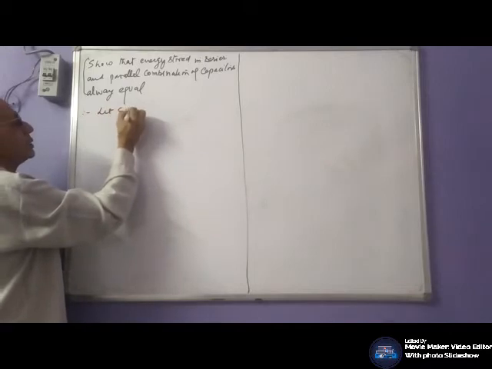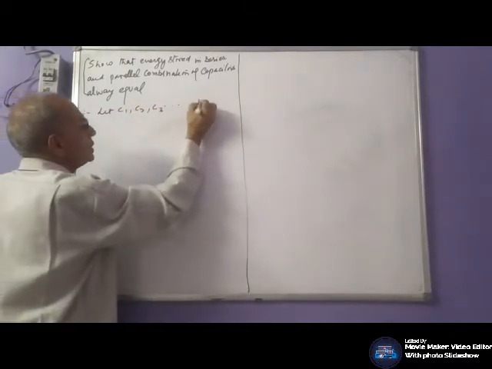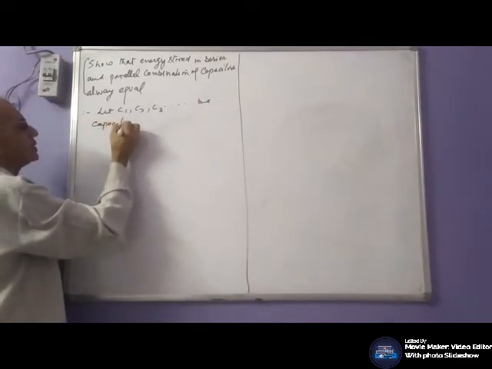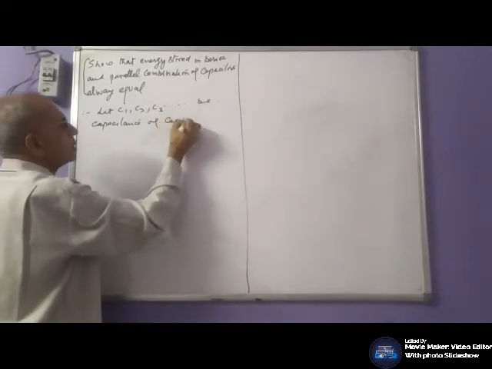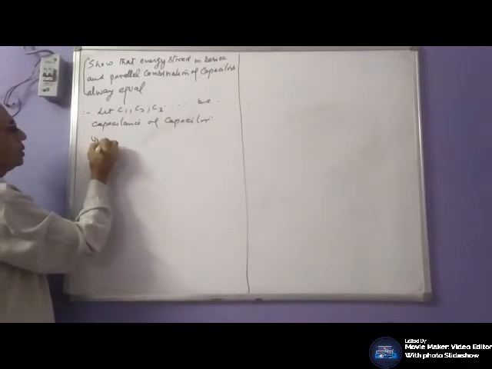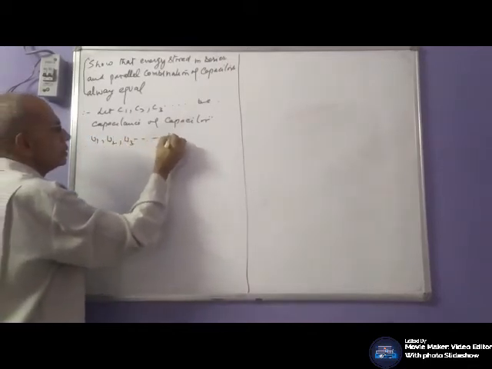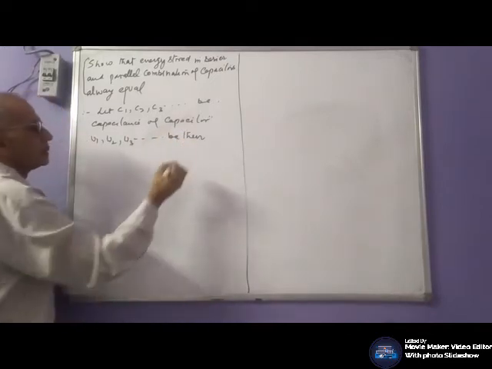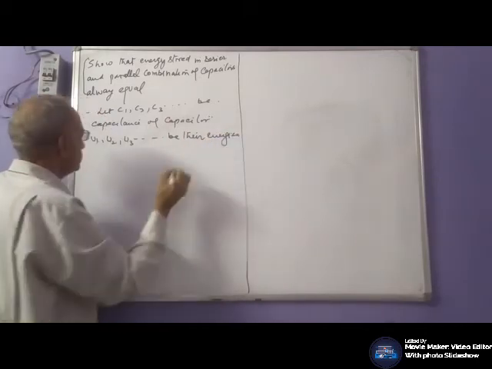Let C1, C2, C3 and so on be capacitances of capacitors. U1, U2, U3 be their energies.